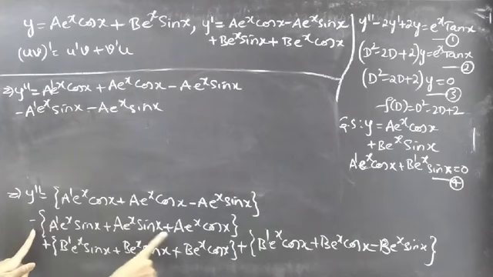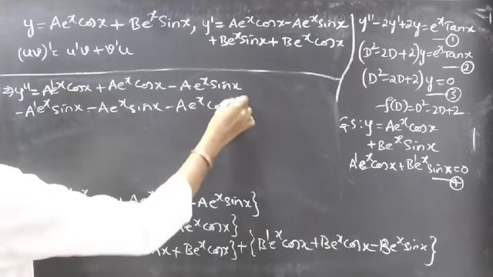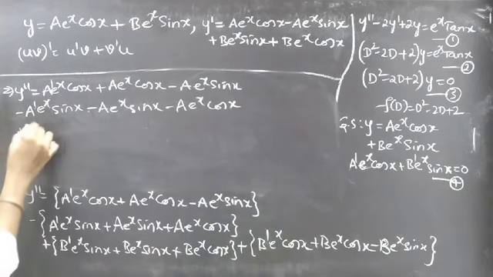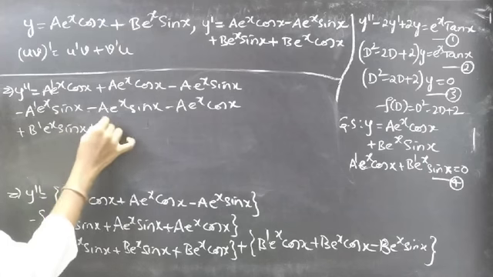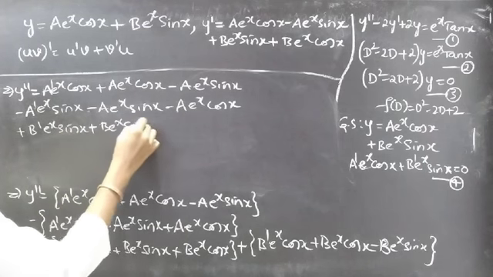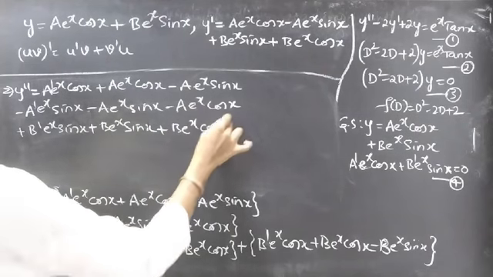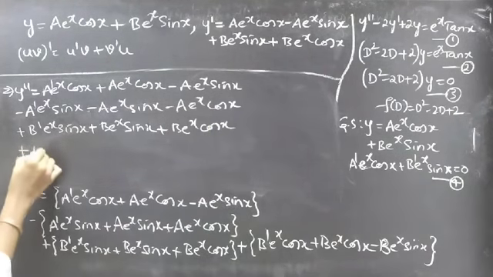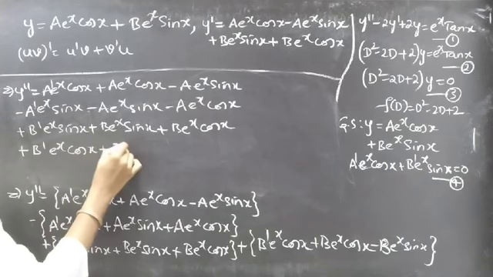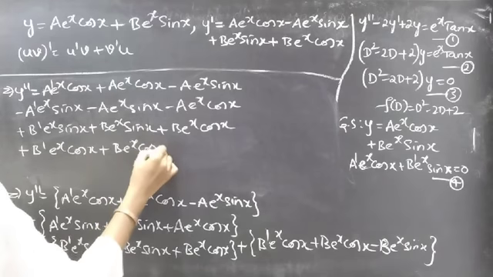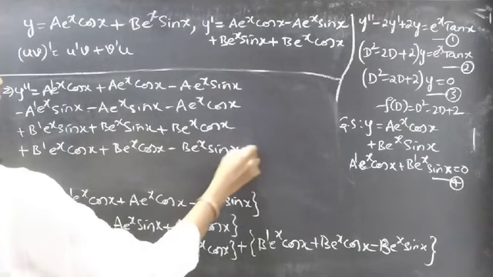sin x minus into plus minus a e power x cos x plus b dash e power x sin x plus b e power x sin x plus b e power x cos x plus b dash e power x cos x plus b e power x cos x minus b e power x sin x.